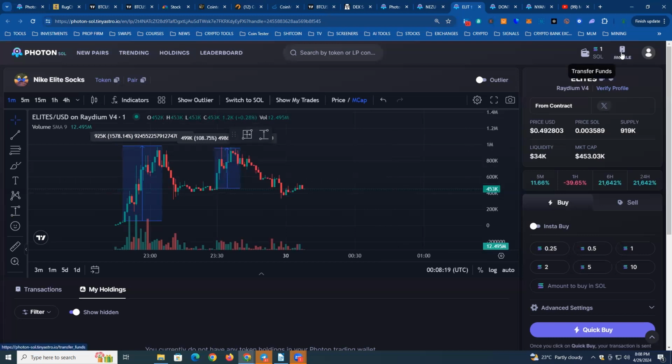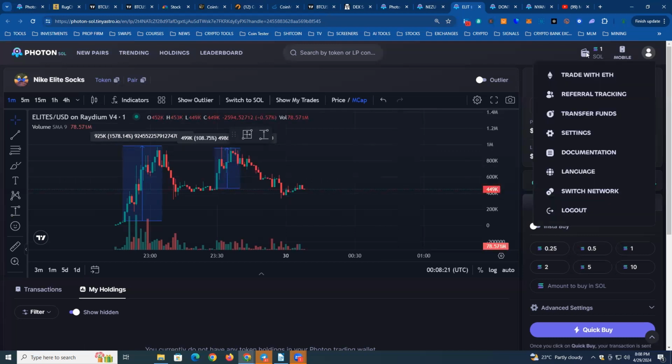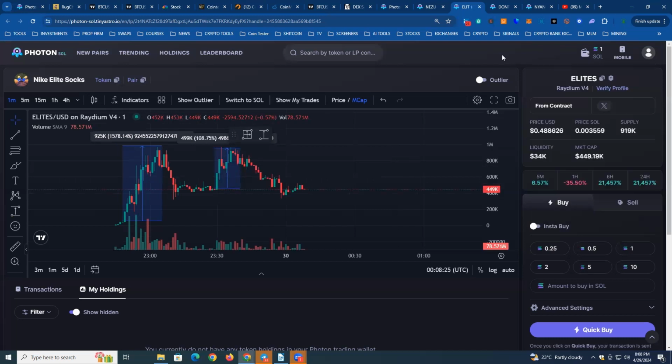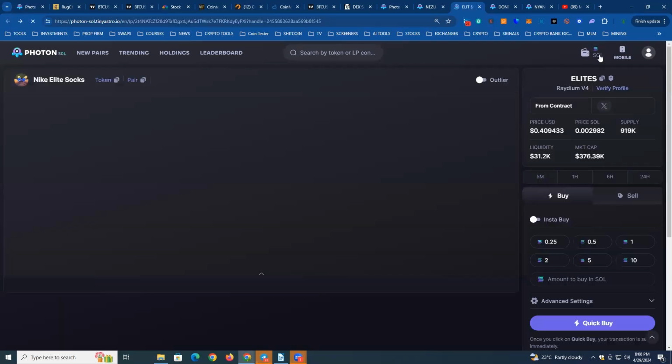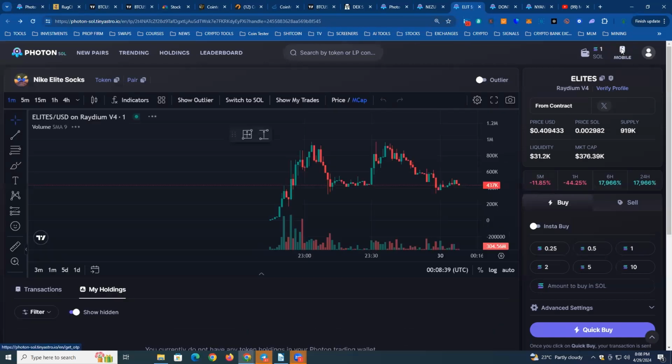Like I said earlier, this allows you to trade positions with Solana coins, as well as base coins, as well as Ethereum. And what's the other one? I'm not even familiar with that one.